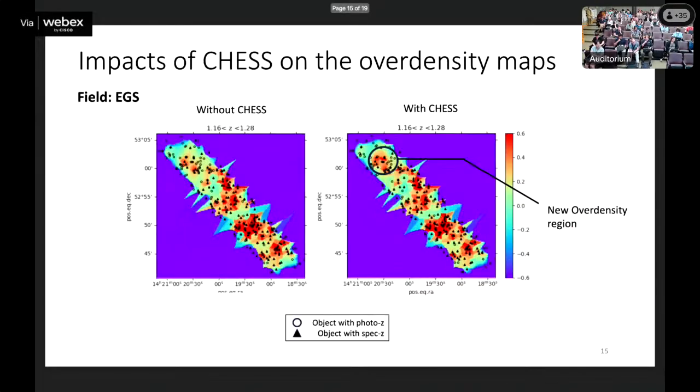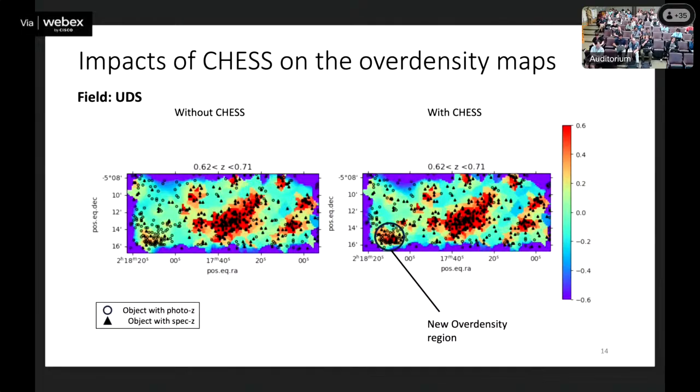So to quantify the cosmic variance, right? Right now, for my research, I haven't reached that step yet, but this is something that I will need to consider in the future step of my research.